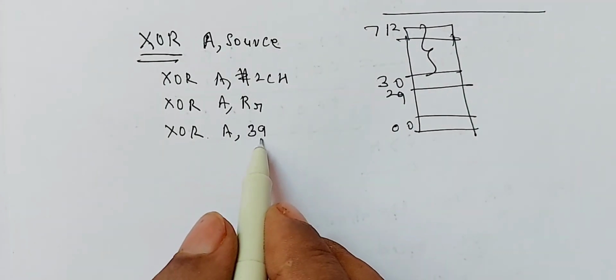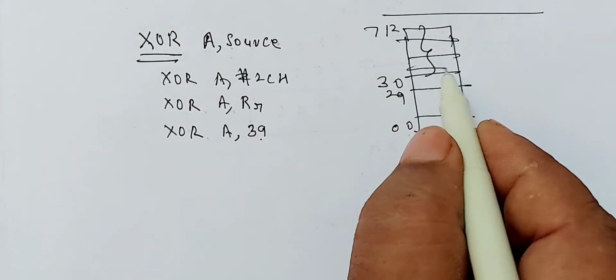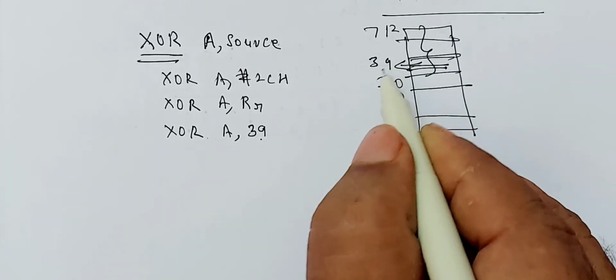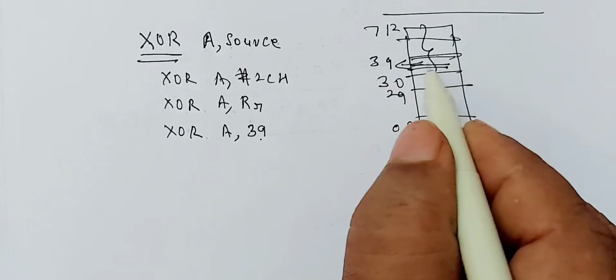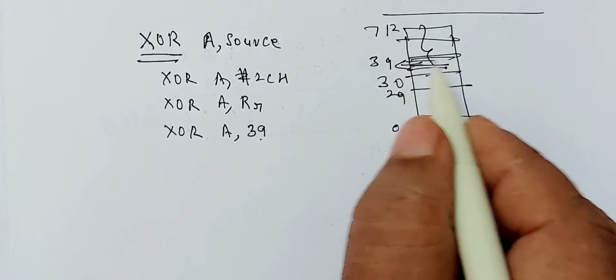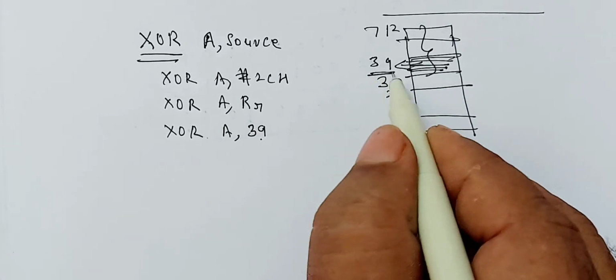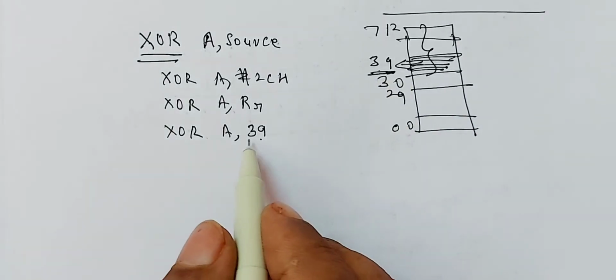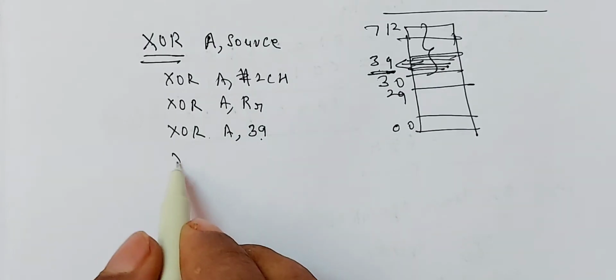XOR A comma 39. This is the RAM location given by the address 39, not the content of this location. You can load any content for this location given by the address 39. So 39 is the RAM address. Therefore, this is a direct addressing mode.